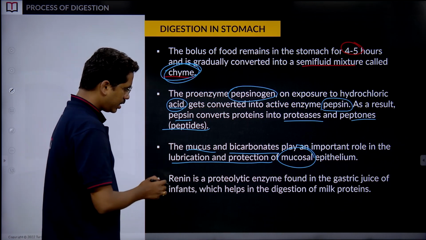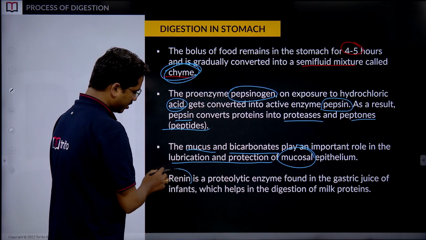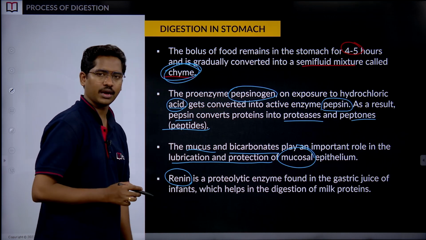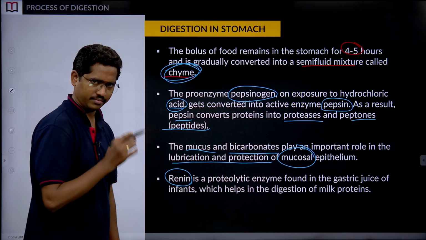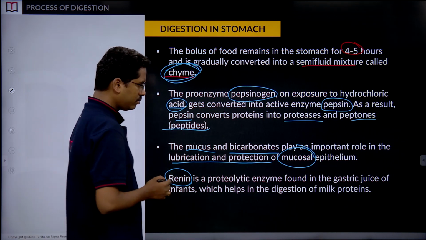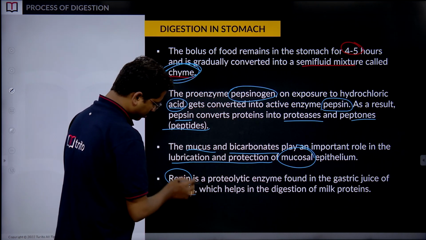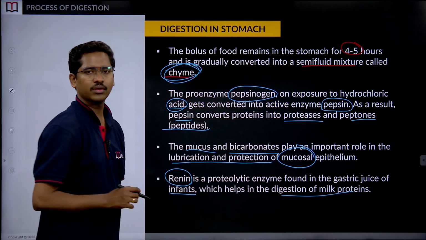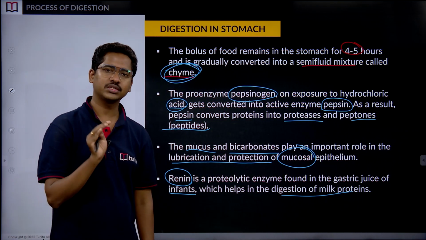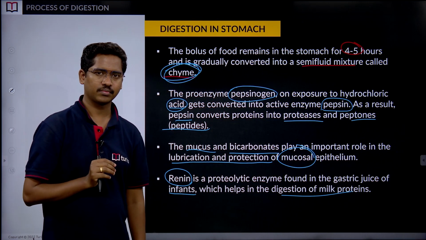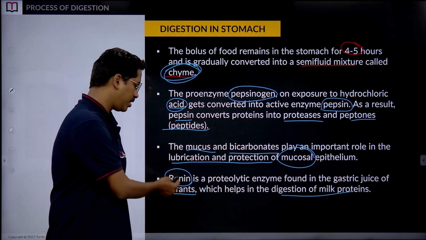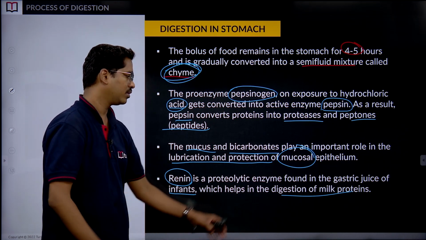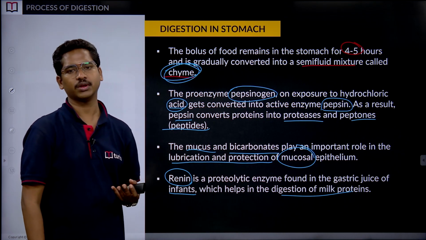That protein is to be digested by a specific enzyme called renin, R-E-N-I-N, okay. Now, this is found only in infants, and it helps in digestion of milk proteins. Those milk proteins are not so easy to digest. That is why renin is present in infants, so that they can digest the milk proteins.